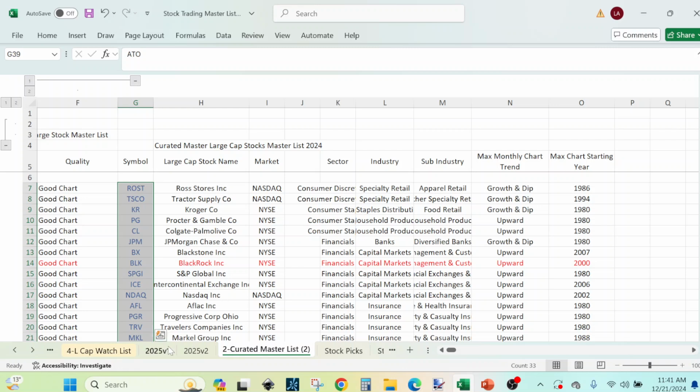We'll put them through the second step, and let me label this version 1, and we'll put them through the next filter step to see if there are some we can take out of here before we combine both to make our 2025 stock watch list.